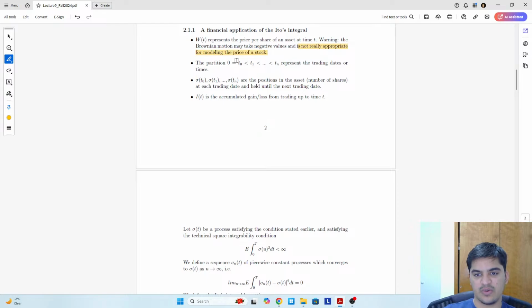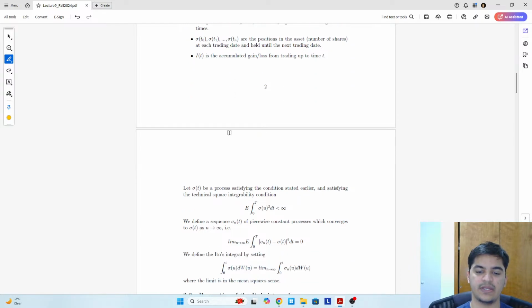The partition, again with the same property that t0 is 0 and t(n+1) is greater than tn, represents the trading dates and times. Sigma t0, sigma t1, up to sigma tn are the positions in the asset, the number of shares at each trading date, held until the next trading date. I(t) is the accumulated gain or loss leading up to time t.